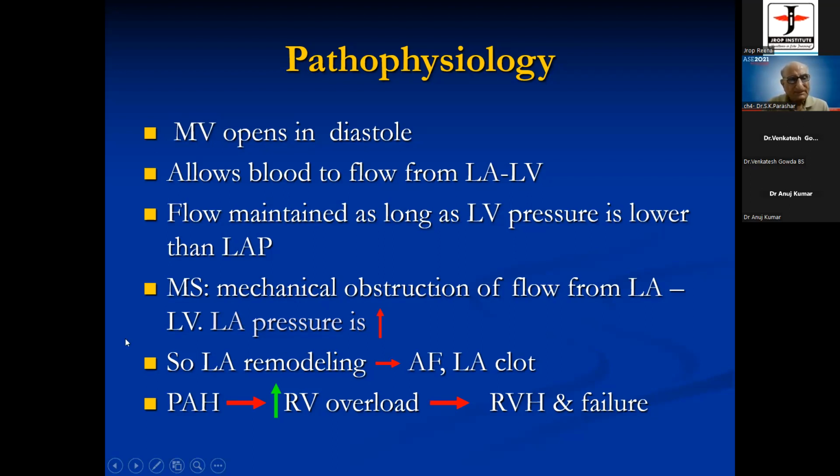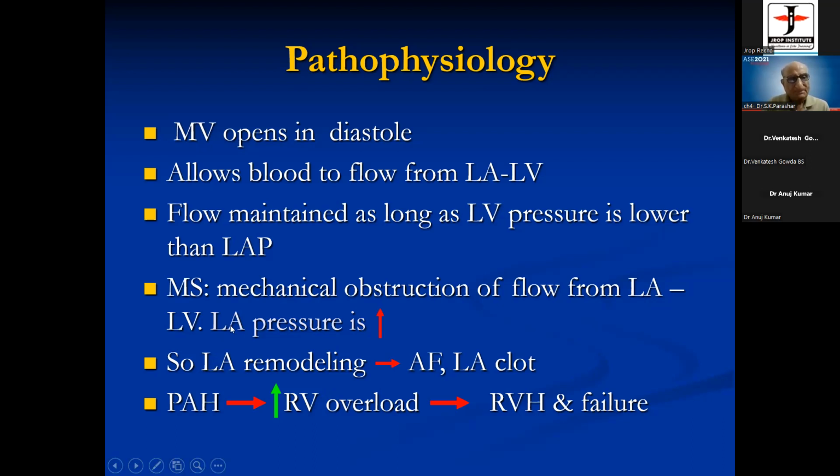And when the LA pressure increases, it leads to LA remodeling. Remodeling means change in size, shape, and functioning of any chamber. Any chamber subjected to prolonged increased pressure increases in size. So the LA increases in size and ultimately it can lead to atrial fibrillation and LA clot formation.